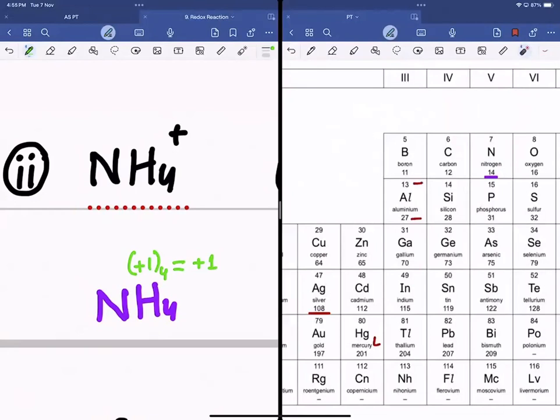So what will be the charge of nitrogen to get the net charge of +1? -3. -3 + 4 is equal to +1. Did you understand? Okay, note it down.